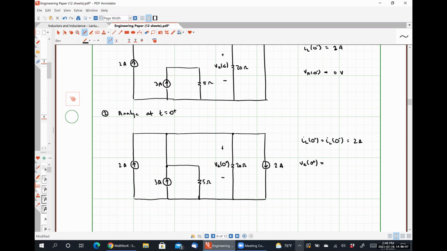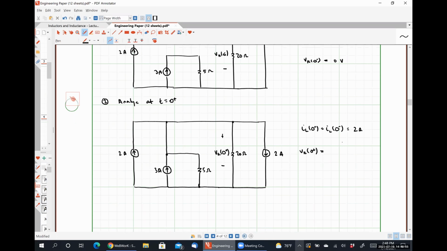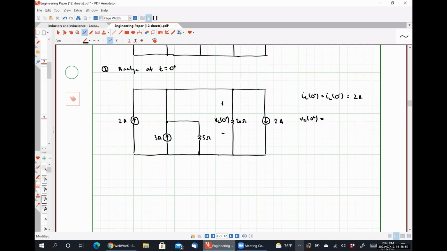So you're the closest to understanding what's going on here. I'm going to redraw this circuit very slightly. This is my 2 amp source on the left. This is my 3 amp source, and they're in parallel.